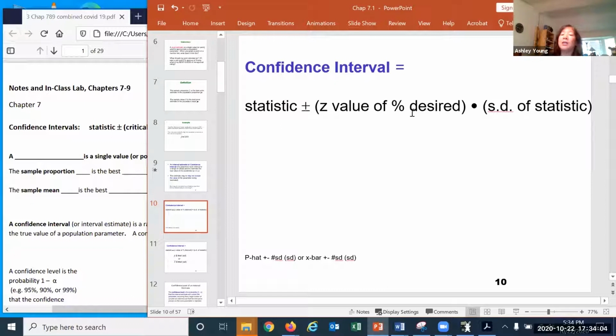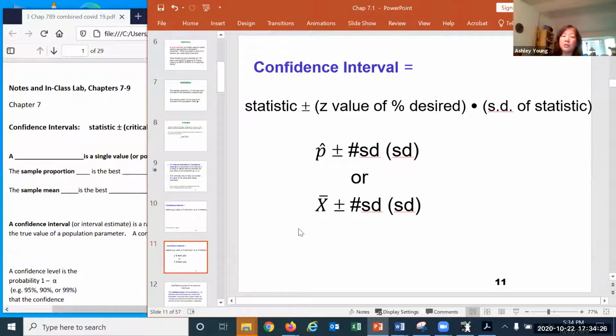Remember, the z-score is how many standard deviations you are from the mean. So we take our z-score, multiply by our standard deviation, and that's how much we go on either side of our statistic. We subtract that amount to get the lower end, and add that amount to get the upper end.